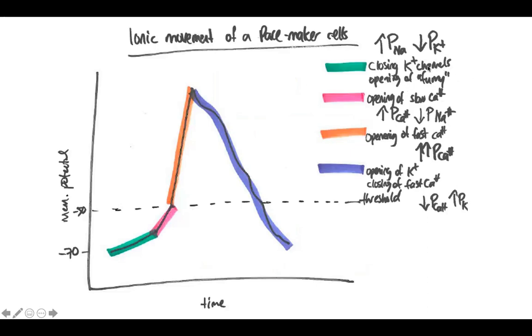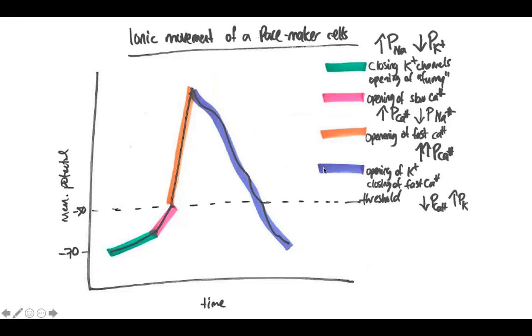And funny channels allow for both sodium and potassium, okay? But they allow for more sodium than potassium. So because potassium channels are closing, funny channels are opening, this is a net inward movement of more sodium than potassium. All right, and so that allows for a positive membrane potential change.